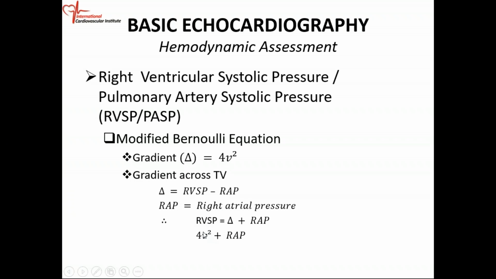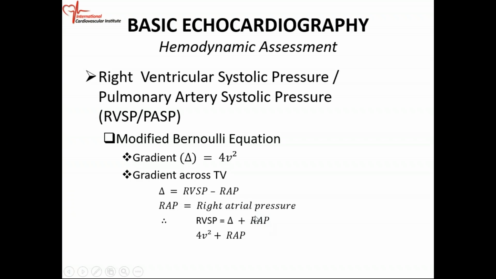As I showed you before, when you rearrange this equation, gradient is equal to RV systolic pressure minus right atrial pressure. Usually, this is what you don't know. So if you rearrange the equation, RV systolic pressure is equal to the gradient plus the right atrial pressure. I will show you in a later lecture how to get the right atrial pressure.